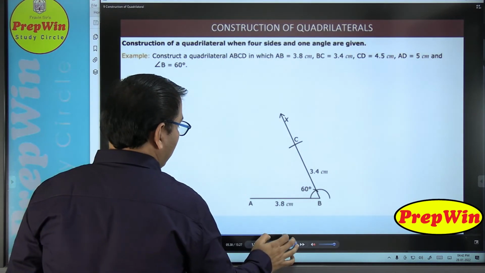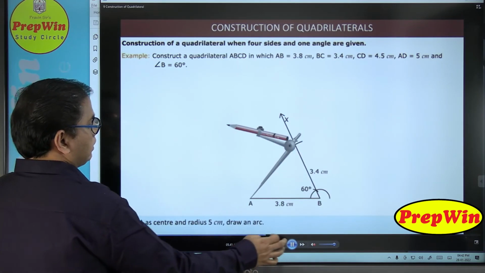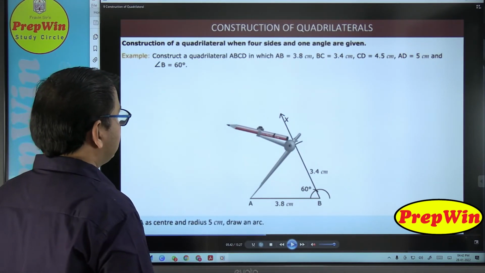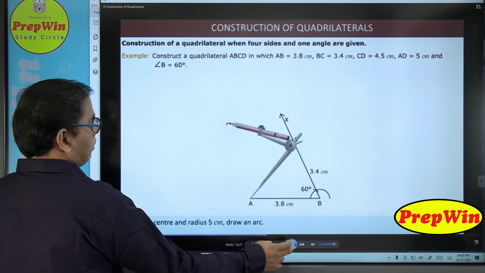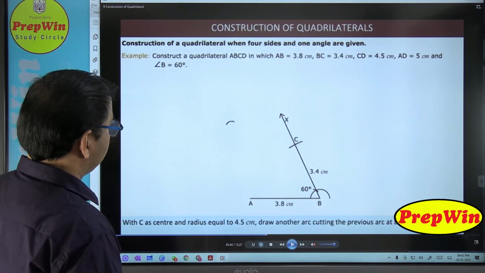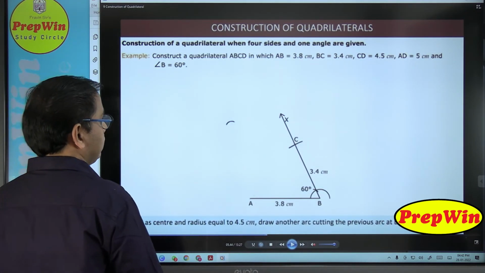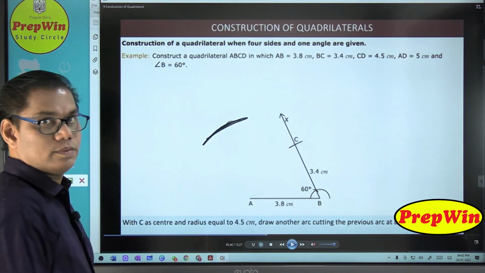So let us go. First on your compass, radius 5 centimeter. AD is 5 centimeter. So take 5 centimeter on your compass and draw this arc. Have you drawn this 5 centimeter? Draw a bigger arc, something like this.